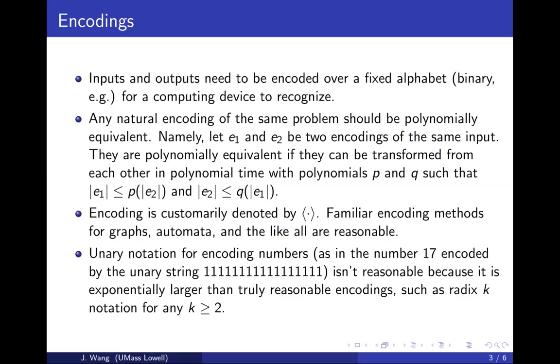So any natural encoding of the same problem should be polynomially equivalent. Namely, let E1 and E2 be two encodings of the same input.